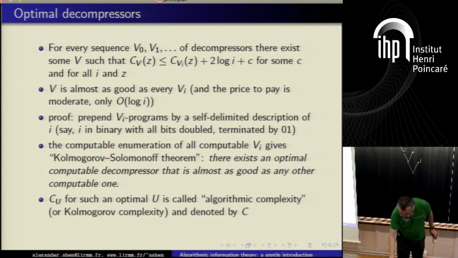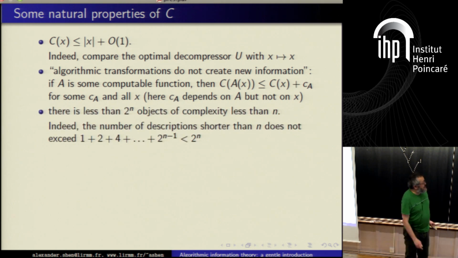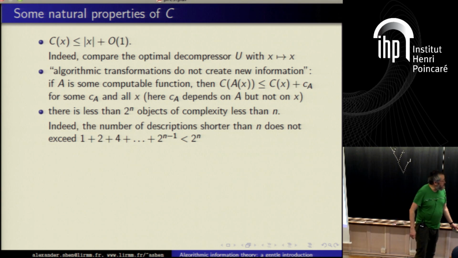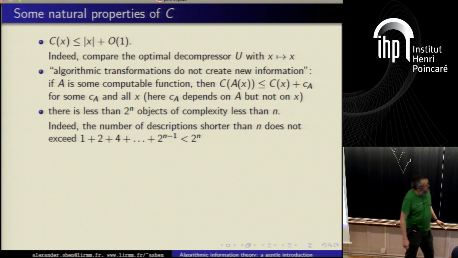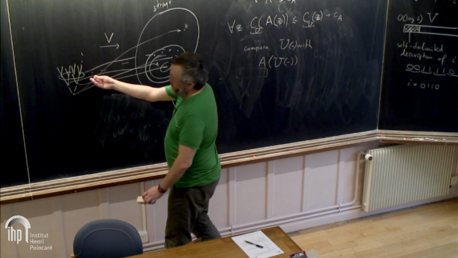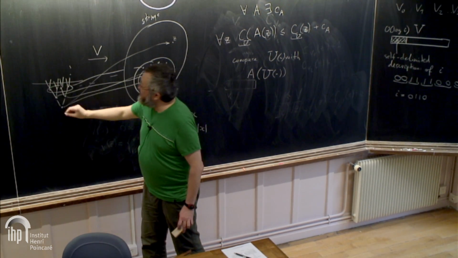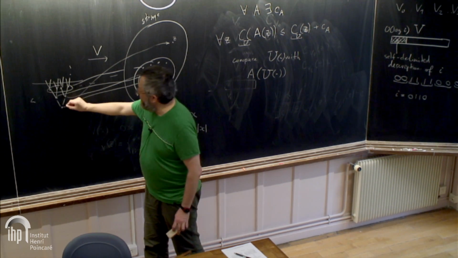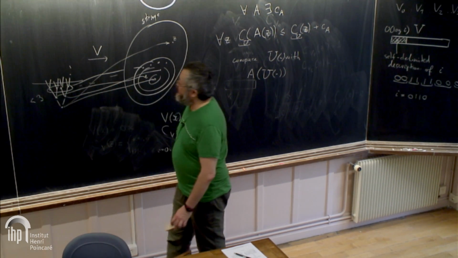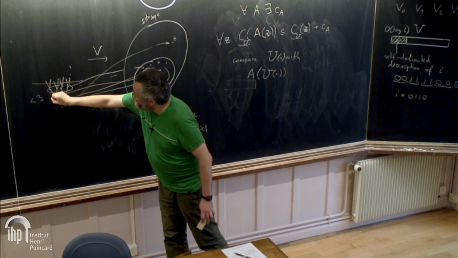So what I wanted to say. There is still something which is even true for non-computable functions, but we use it for computable functions. If we look, for example, at the number of objects of complexity less than 3, then there are at most 7 of them, because there is 1, 2, and 4.